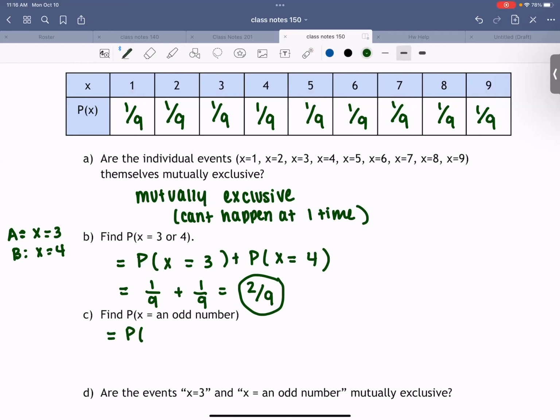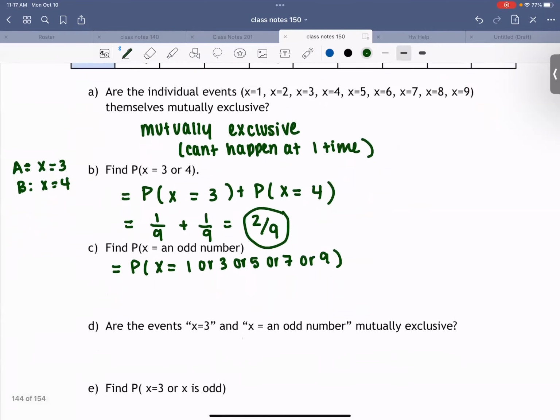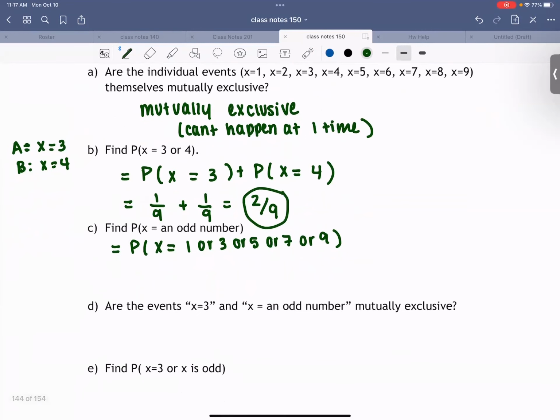So the probability of an odd number is the same as saying the probability that X is 1, or 3, or 5, or 7, or 9. Now I know there's no rule that says the probability of one thing or another, or another, or another, but do you kind of see a way to generalize this using what we did in part B?